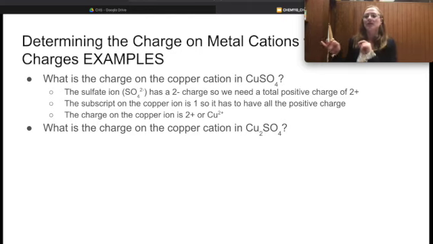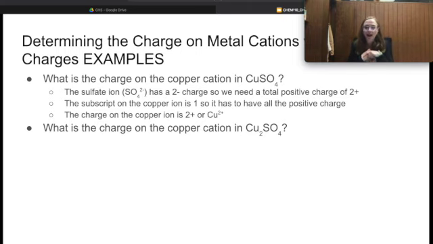Sulfate is 2 minus. End of discussion. I see one copy of sulfate, so I have a total negative charge of 2 minus. That means I need a total positive charge of 2 plus to balance that out. 2 minus from the anion, 2 plus has to come from the cation.